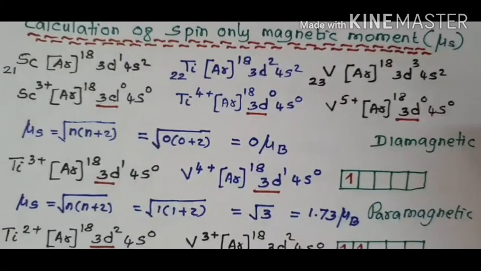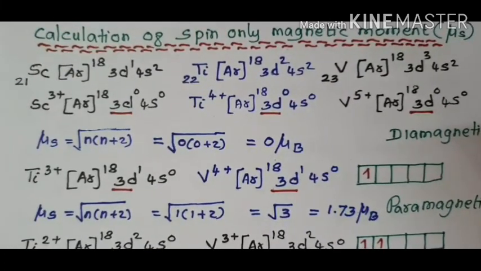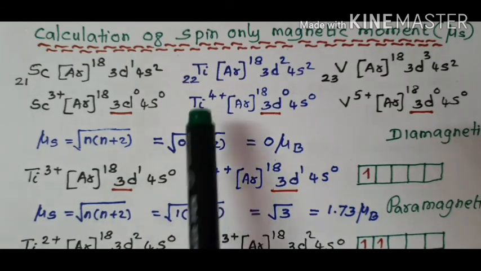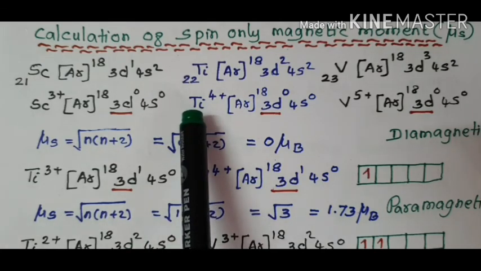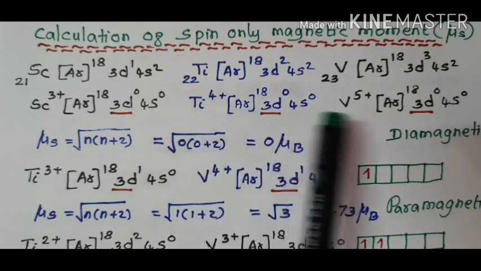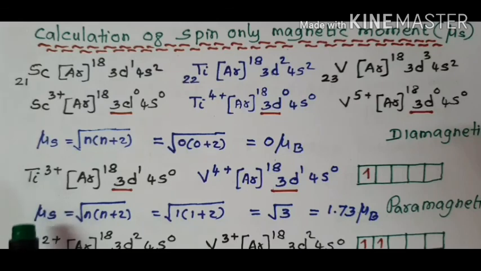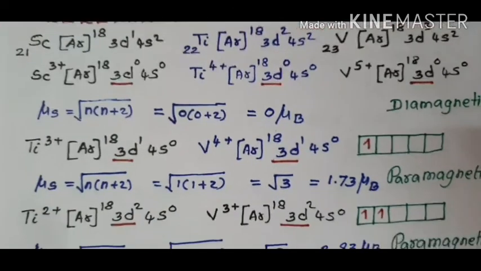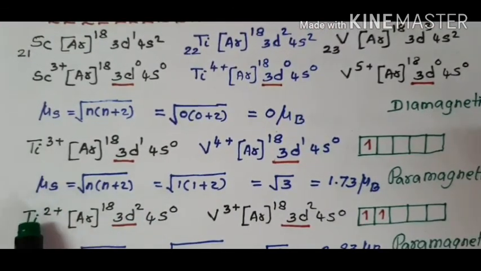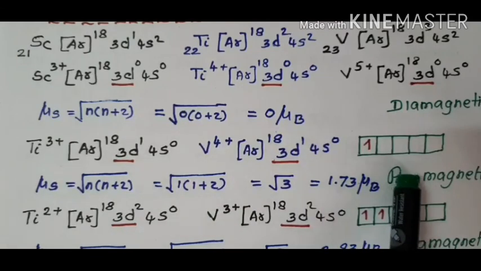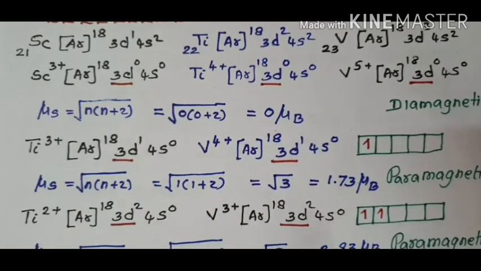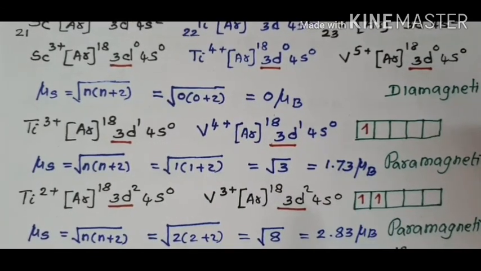See here, already we have discussed this. Titanium 4 plus is diamagnetic, whereas titanium 3 plus and titanium 2 plus are paramagnetic. Why? What is the reason?